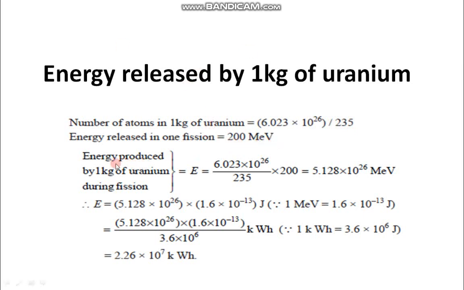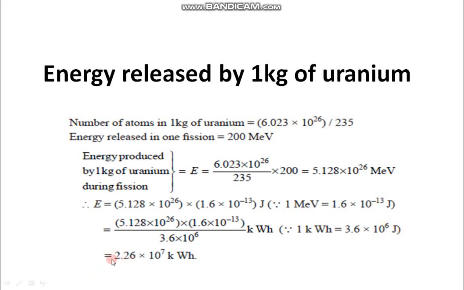So the energy produced by 1 kilogram of uranium during fission is 6.023 into 10 raised to 26 divided by 235 into 200, and we will get the result in MeV. We can convert this into joules because 1 MeV is equal to 1.6 into 10 raised to minus 13 joules, and we can convert this into kilowatt hour. 1 kilowatt hour is equal to 3.6 into 10 raised to 6 joules.